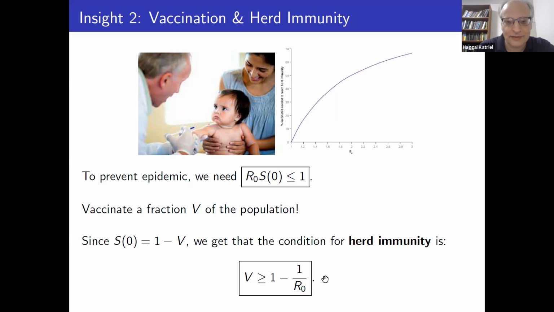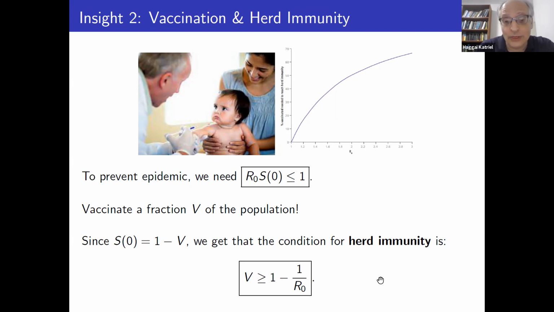It's the basis of the whole idea of vaccination, that you don't have to vaccinate everyone in order to eradicate the disease. So let's say if R0 for coronavirus is 4, then you need to vaccinate 1 minus 1/4, 75% of the population to get this herd immunity.